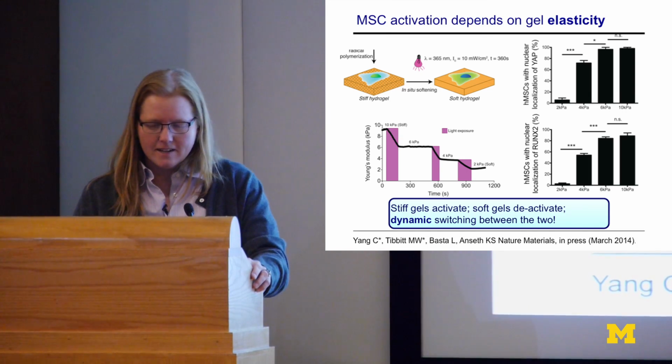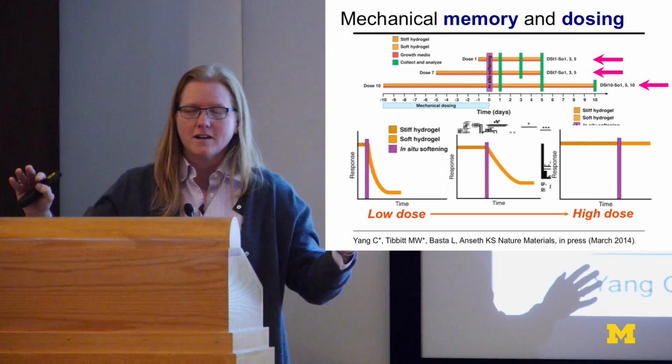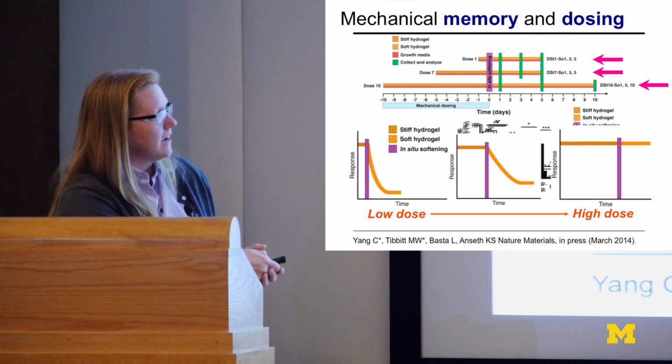So the reason I think that some of this is important is that we can begin to think about when you culture cells, there can be unintended consequences. So if you're just passaging cells before you're starting your experiment, it can cause irreversible changes in cells.